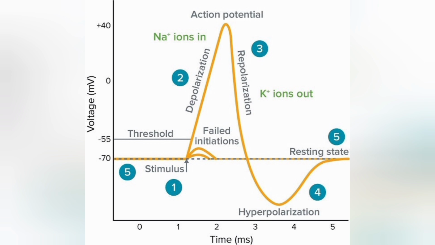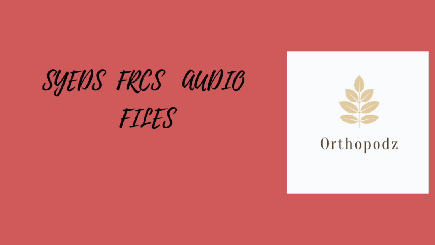This is 1 to 2 milliseconds. At this stage, as the sodium channels are open, there is no chance to activate more sodium channels. This happens at the peak of the action potential.